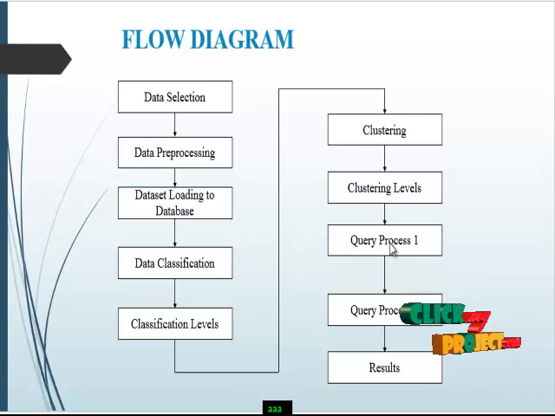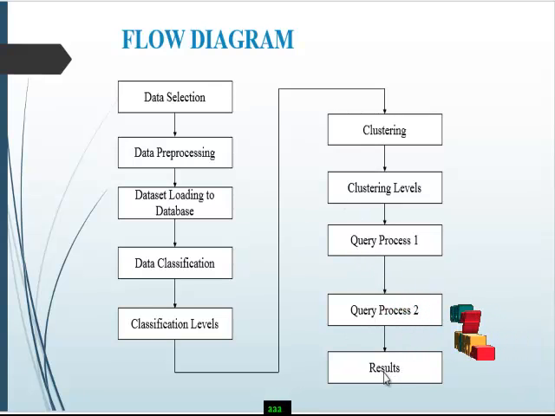It includes transformation of high level queries into low level expressions that can be used at the physical level of the file system. Query optimization is used to get the user's expected result. Here we can separate query process 1 and query process 2.